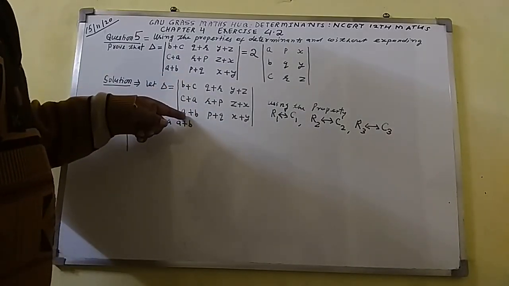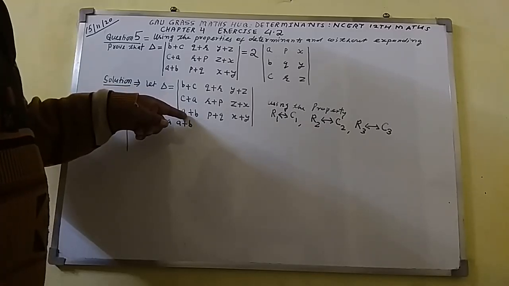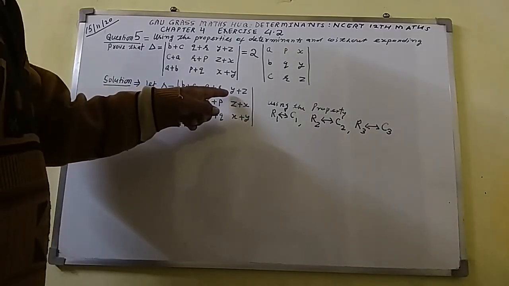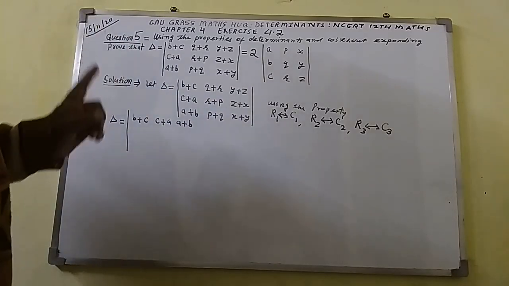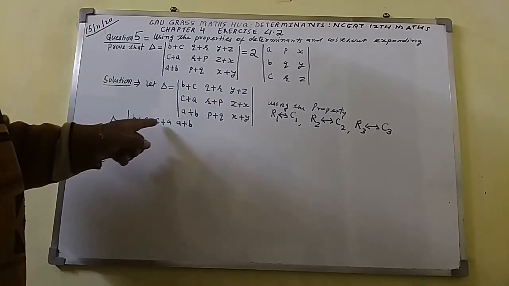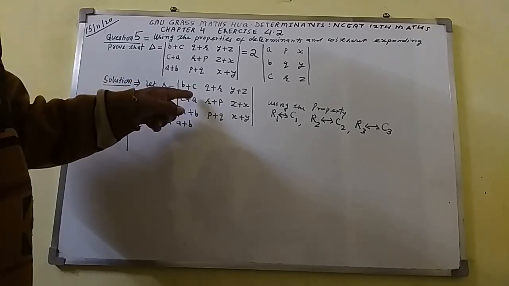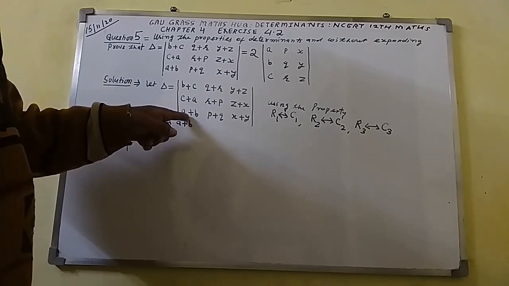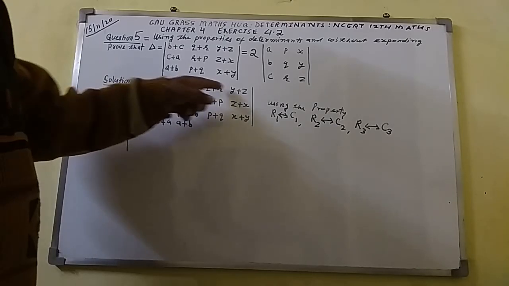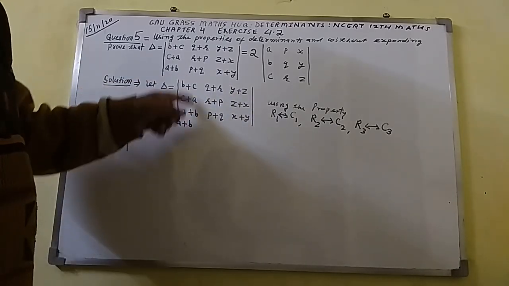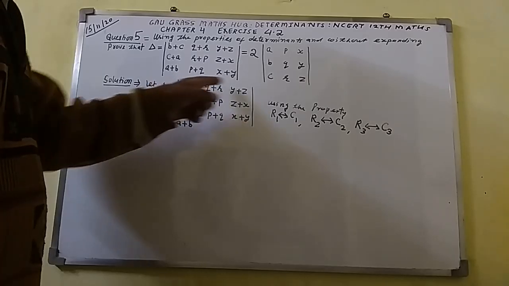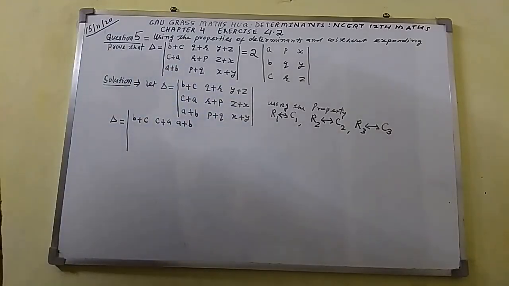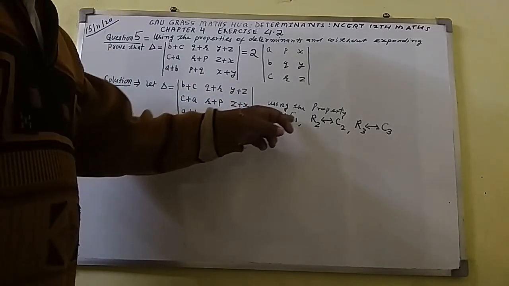In place of C1, R1 will be written, and in place of R1, C1 will be written. So that's why R1 interchange to C1.